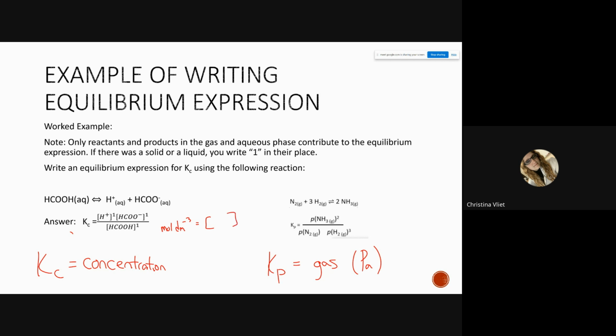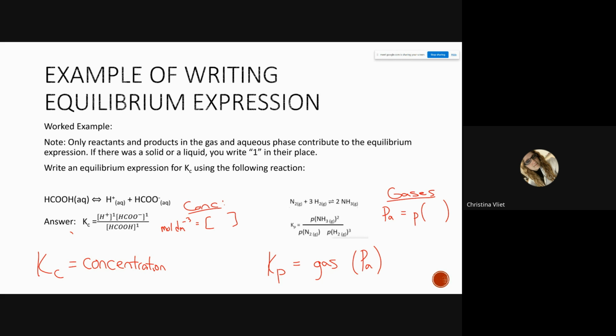Whenever you have molarity, it's in brackets. When you have gases, you're going to use P and parentheses. So the formatting is a little bit different. And you'll notice when we come back from break that Cambridge is very stingy on your unit. You got to make sure you write it correctly.